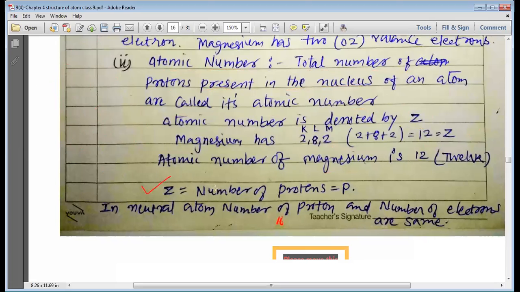Please remember that Z is equal to the number of protons present in the nucleus.